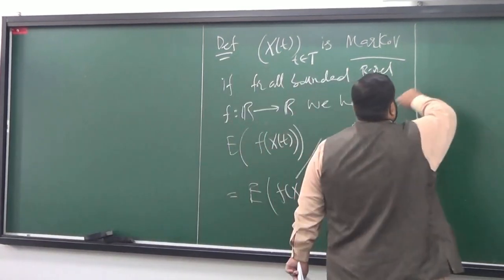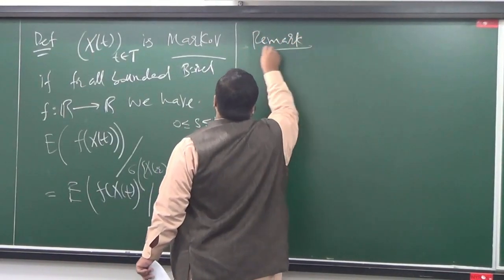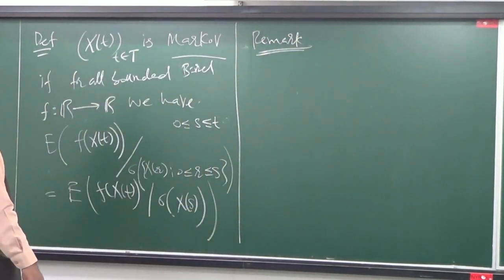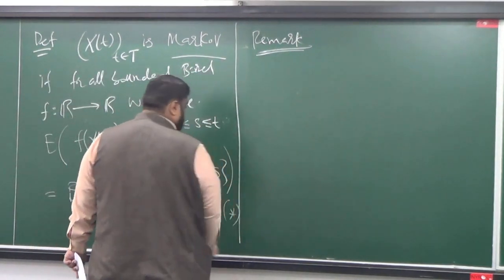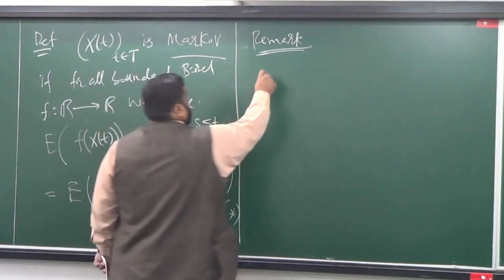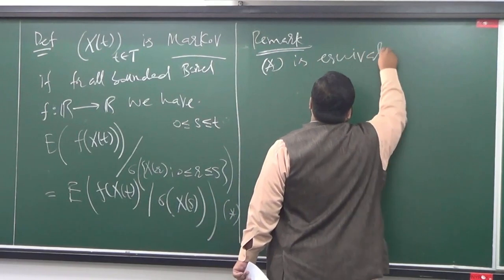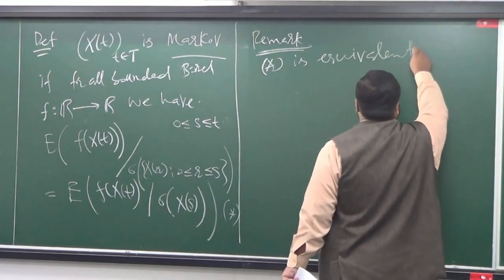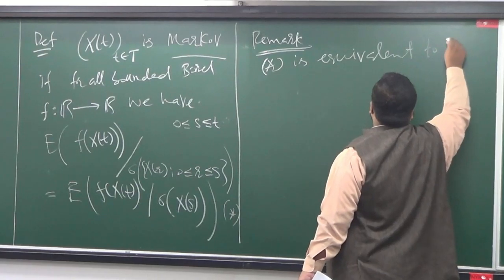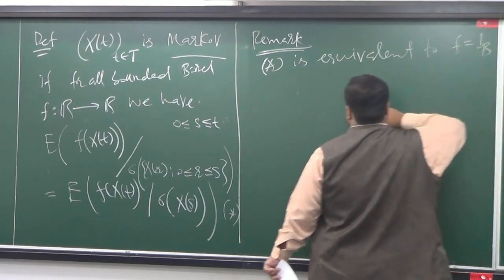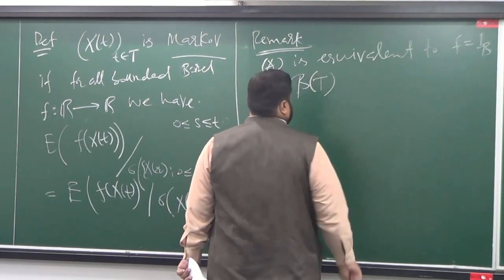Now, what we can prove, a quick remark, is that this Markov property condition, marked with a star, is equivalent to the same property when you take f to be the indicator function of a Borel set E, for all times.